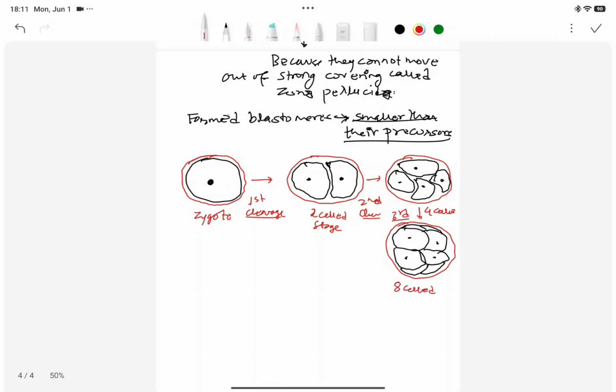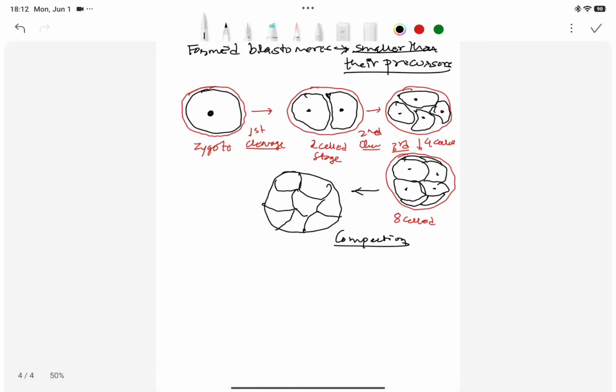Eight-celled. After that, the adjacent cells get more compacted to form a solid ball-like structure. There is the phenomenon called compaction, to form a solid ball-like structure.